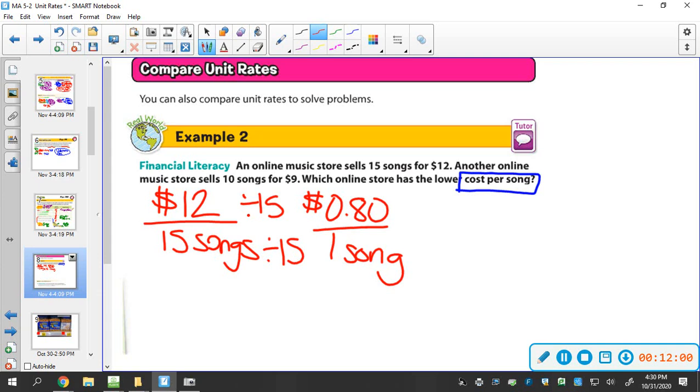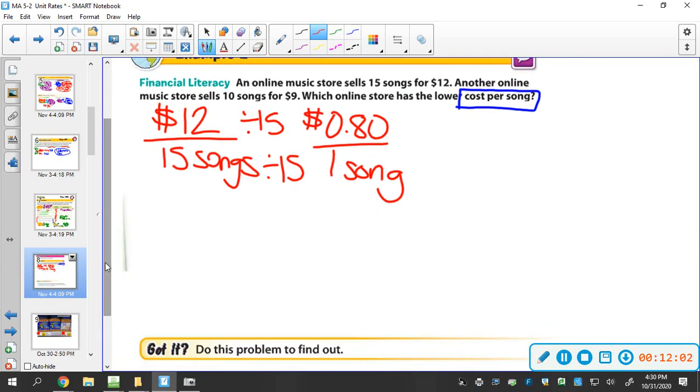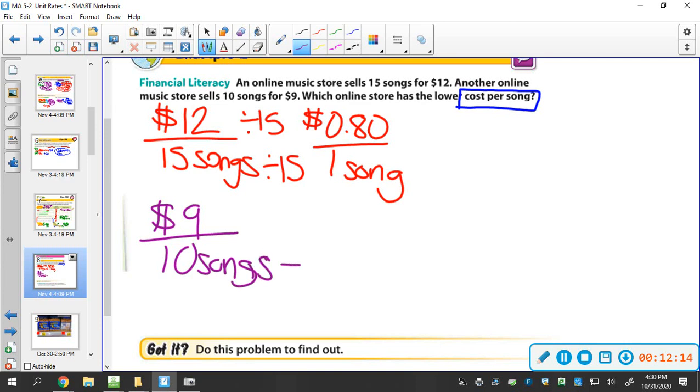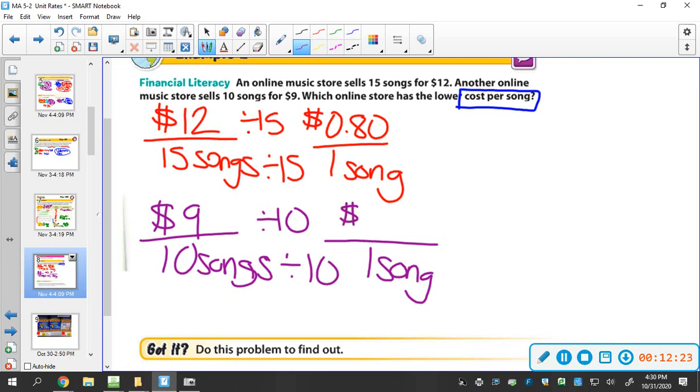Okay? Then, the second music store, when we look at it, they said it was $9 for 10 songs. Okay, we divide by 10 since we want the bottom to become a 1. So that's 1 song would end up being 90 cents.